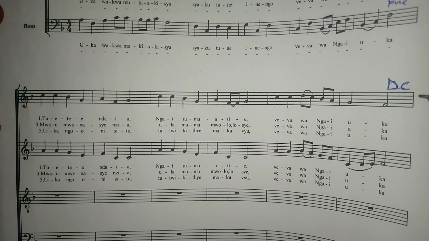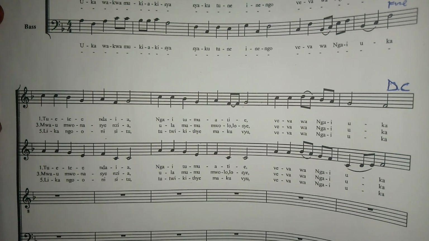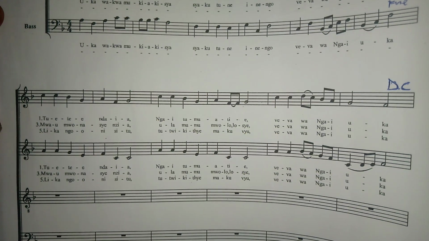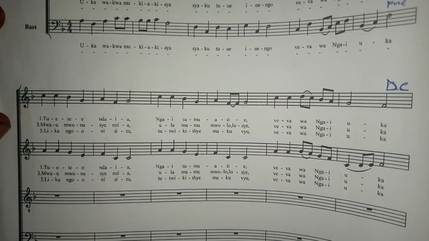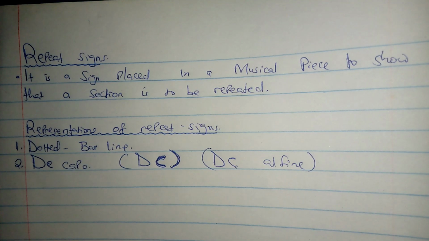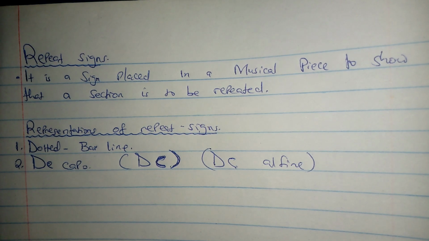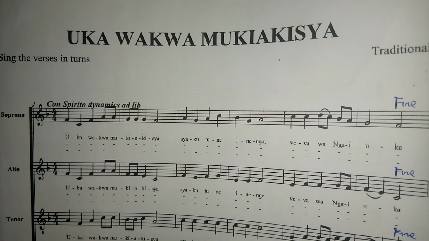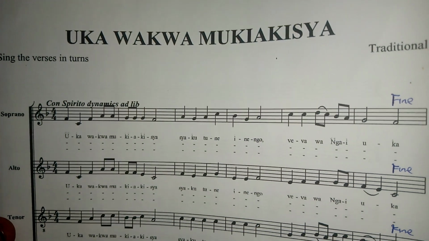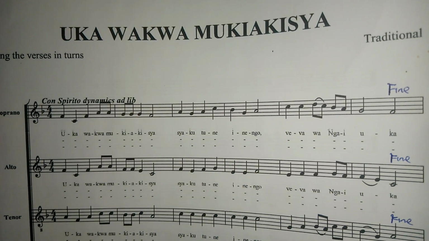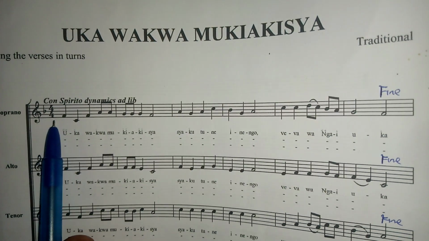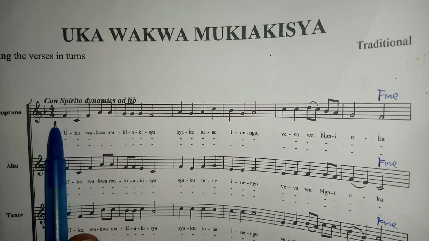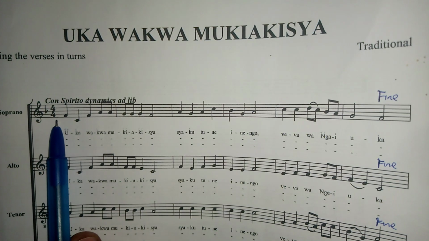What it means: DC always comes before fine, and that is why it is called DC al fine sometimes. And what it means by DC al fine, it means that we sing our musical piece right from the beginning up to the point where we have the words DC.